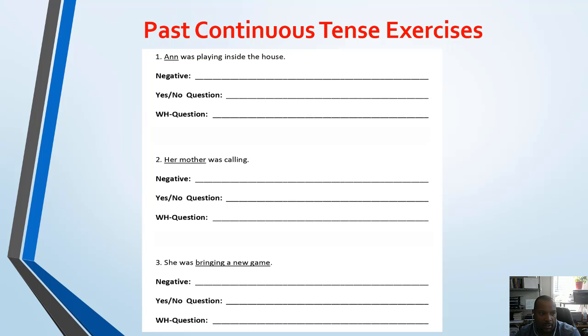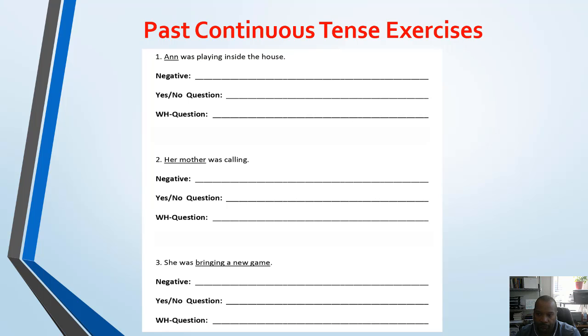I'm sorry, if I was rewriting this as a yes or no question, I would say, was her mother calling? And if I was writing it as a WH question, that's when I would write, who was calling? Okay, sorry for the confusion there.